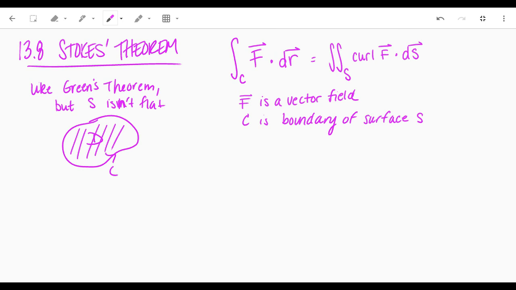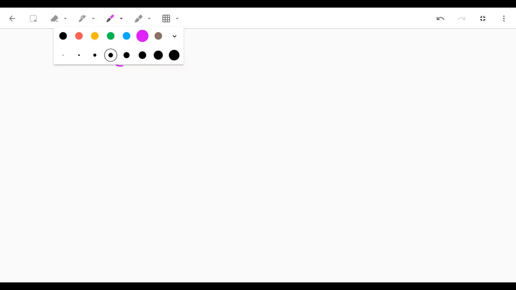So let's get a little bit more of the background again. Back up to Green's theorem. The integral over C of P dx plus Q dy.